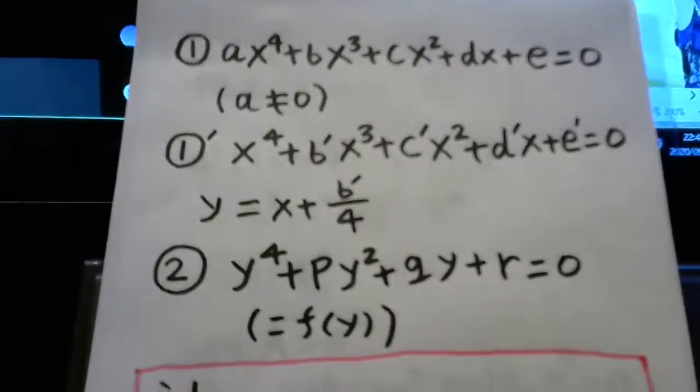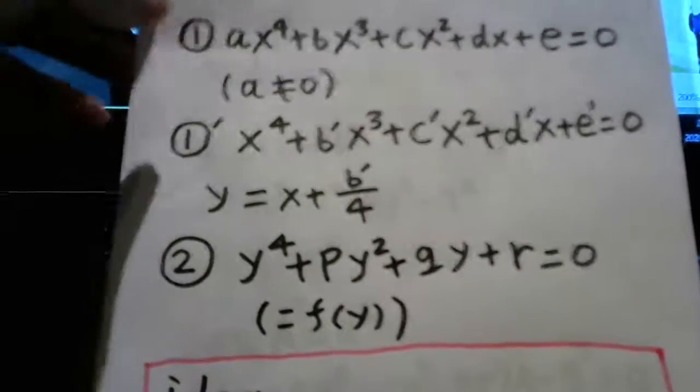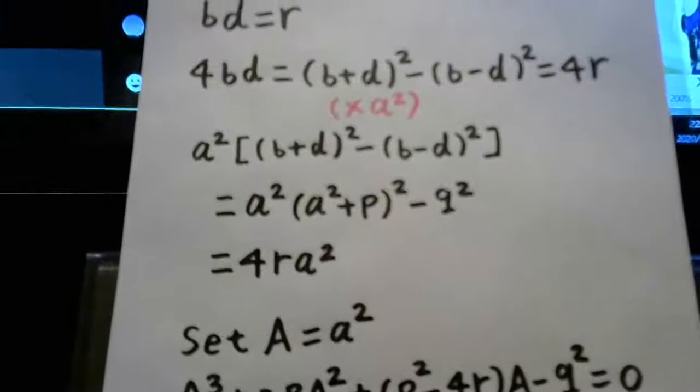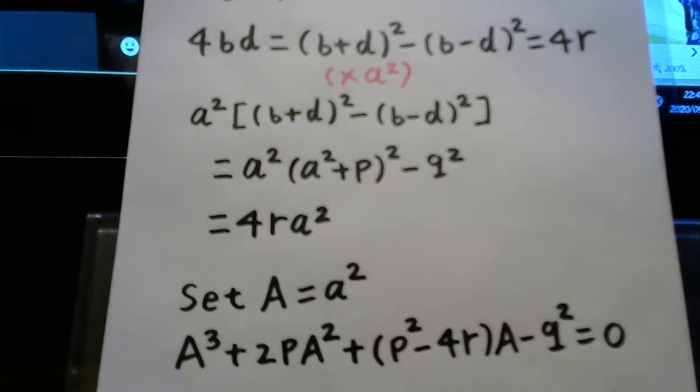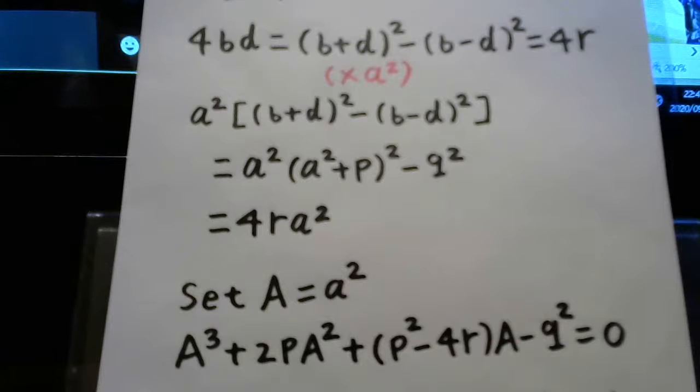More popular is Ferrari's method, I think, maybe because it was published earlier. But I think Descartes' method is simpler and easier to hit on. He gave it in the Discourse on the Method.